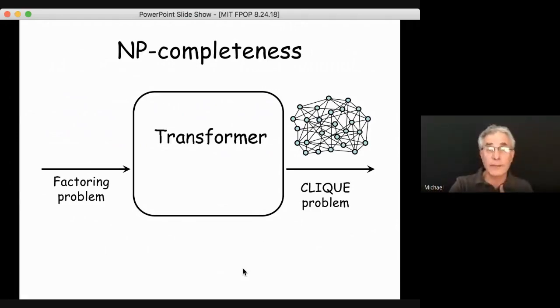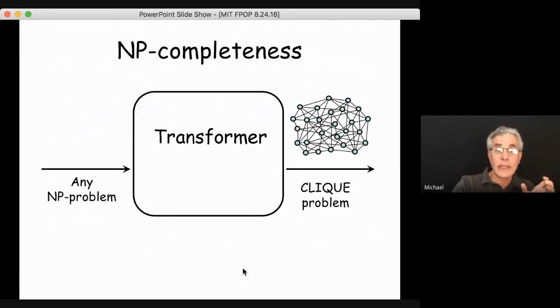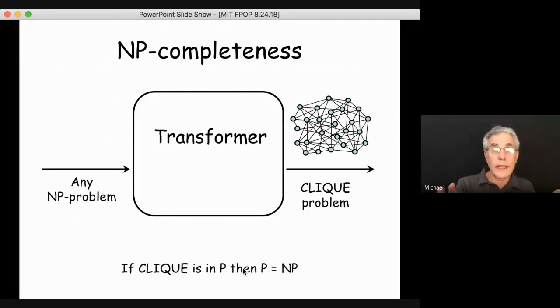Not obvious how you do that, but in fact it can be done for any NP problem. And so clique has this feature that it's the granddaddy or the grandmommy of all of these NP problems, in that if you can solve that one problem without searching, you can solve all of the NP problems without searching. Kind of an amazing fact.